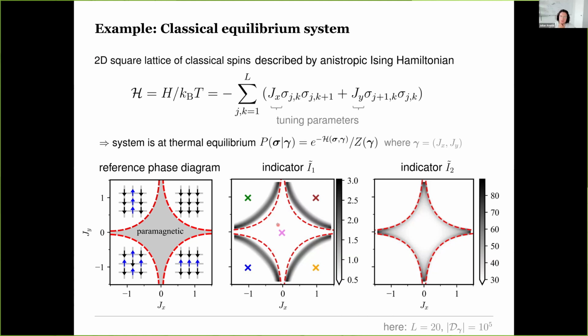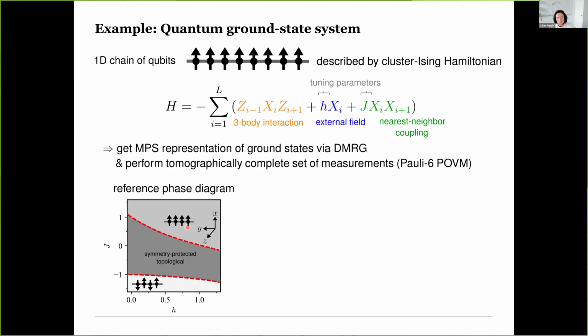What might happen is, for example, in this picture, if you had sampled just the top phase, then you might miss the transition between the symmetry protected and the antiferromagnetic one. Yeah, that's right. So is there a sampling scheme that will ensure that you cover at least a point in each of the different phases? Or is it hard to do a priori?